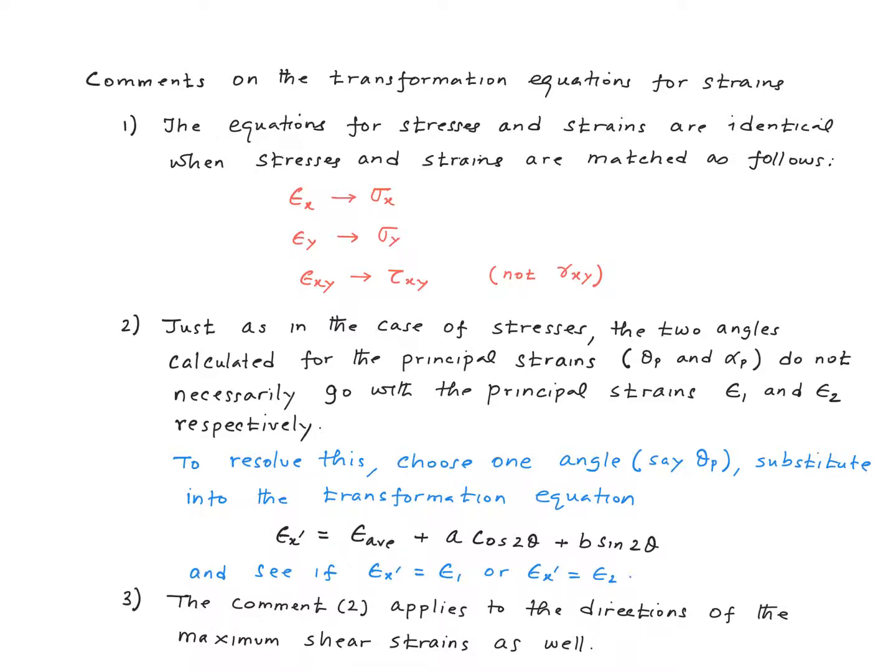And if epsilon x prime works out to be epsilon 1, then you know theta p goes with epsilon 1. And similarly, if epsilon x prime works out to be epsilon 2, then you know theta p goes with epsilon 2, not epsilon 1. And of course, the other angle, alpha p, goes with the other principal strain. We have the same problem in maximum shear strains, and we will solve that problem in exactly the same way.